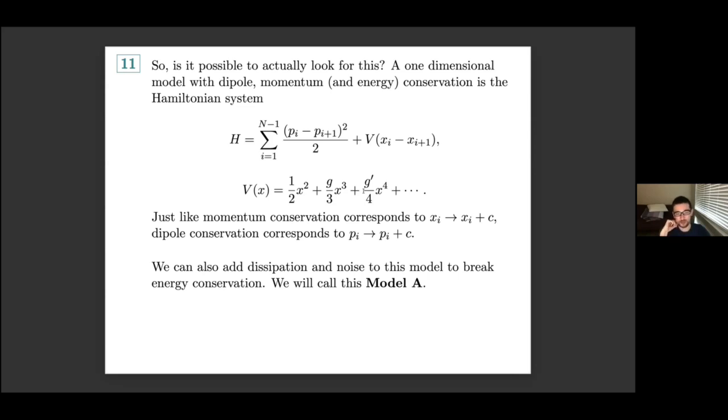For this model, one should be able to write the hydrodynamic equations. If I set G and G prime to 0, we can solve it exactly, and you get propagating k-squared modes, with something like 1 minus cosine k replacing k squared.